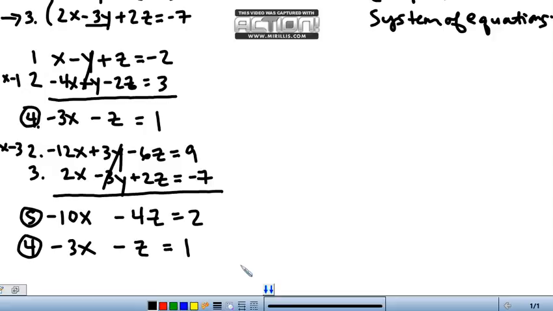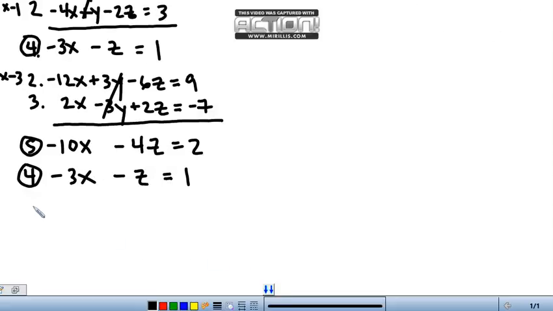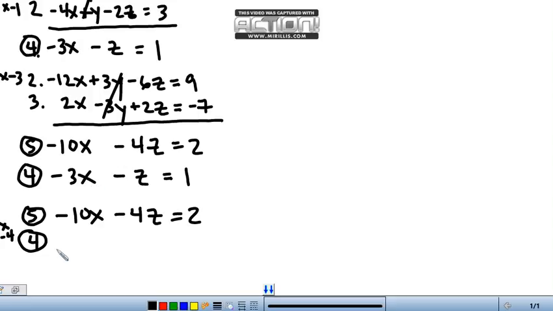Let me rewrite. Negative 10x minus 4z equals 2. Equation 4 will change, multiplying by negative 4, to positive 12x, positive 4z, and negative 4.